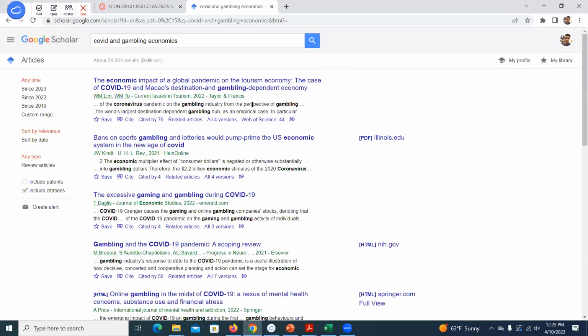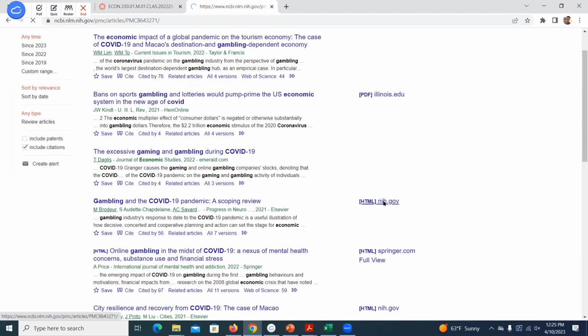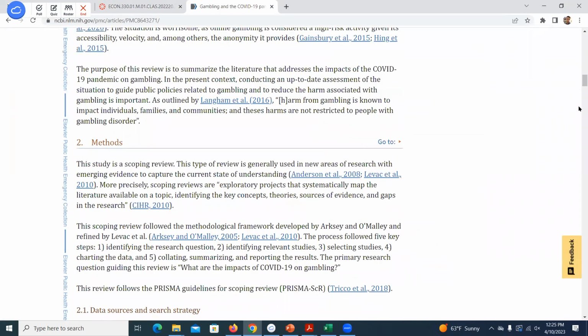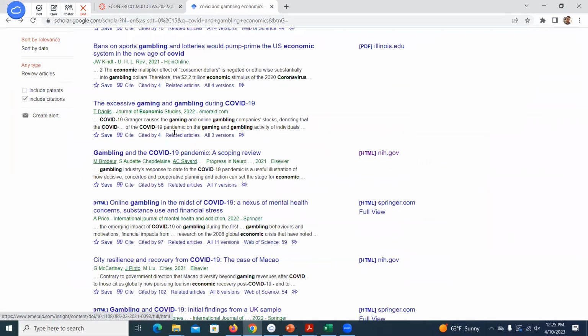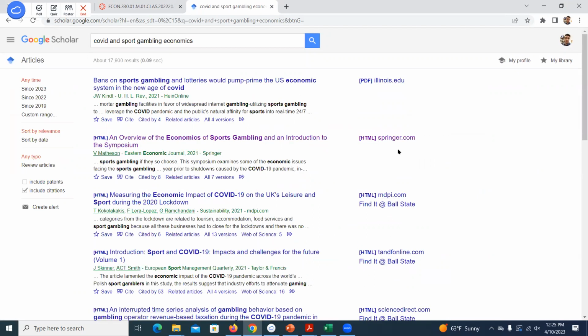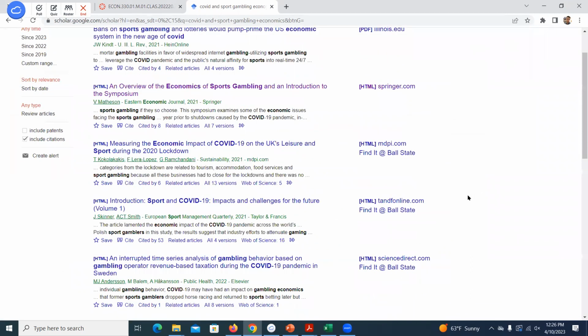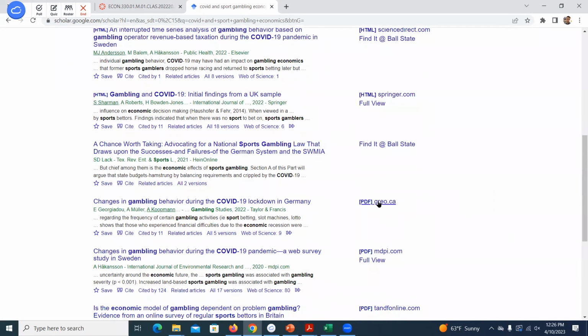So let's do COVID and gambling economics. I know there's a paper out there I want to find. I believe it's this one right here. Hopefully. Let's see if this is the one I wanted. No, this isn't it. Oh, I just found it the other day. Oh, I know why. I want COVID and sport gambling. Overview, bans, measuring the economic impact. I think this is it.